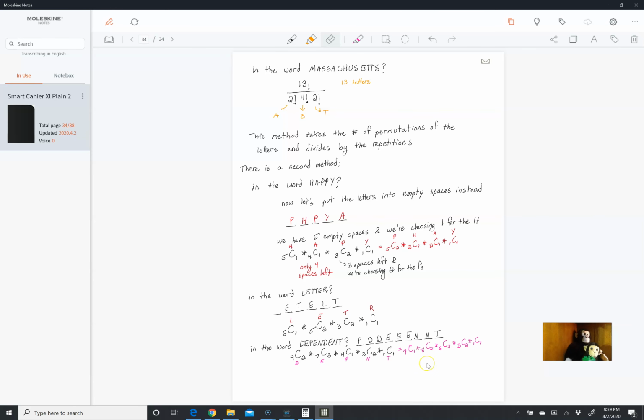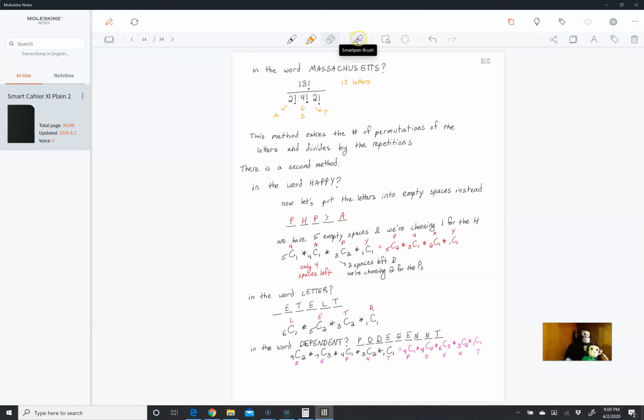Okay, so in this case, we did P first, then D, then E, then N, then T. These are equal, so the order in which you put in your letters does not matter, okay?